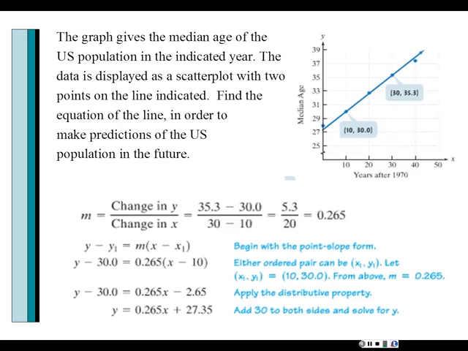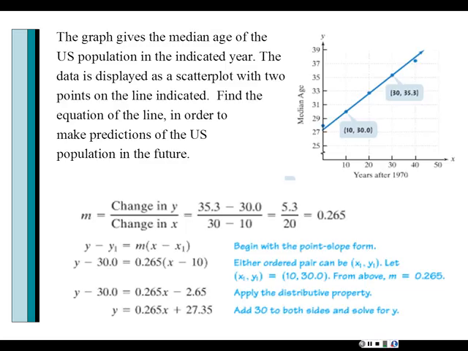Now, this is probably in the last part of section 1.4. We'll look at some real applications where you will need the slope, and how these kinds of slope equations will really help you to model some real-life applications. For an example, this is an interesting problem. The graph gives the median age of the US population in the indicated year. You see here along this line we have years after 1970.